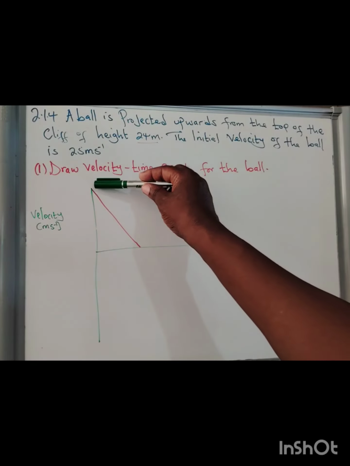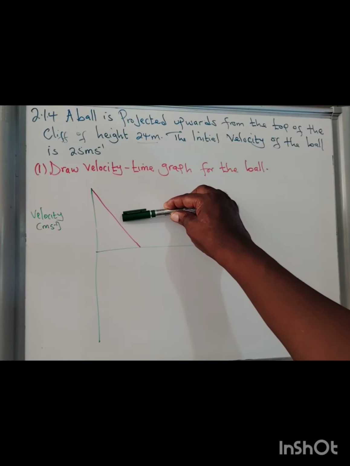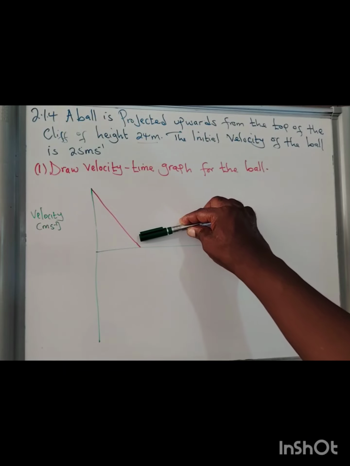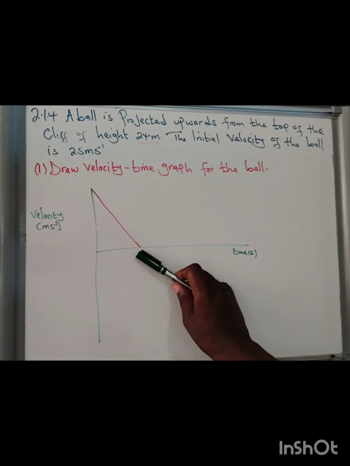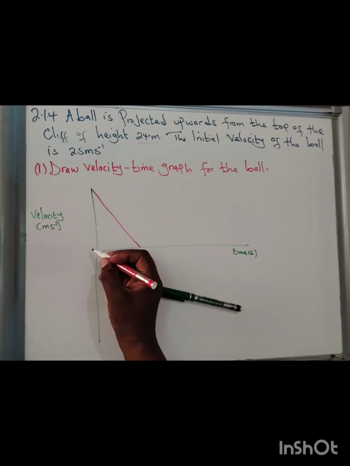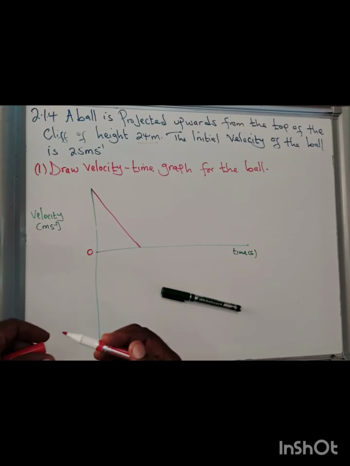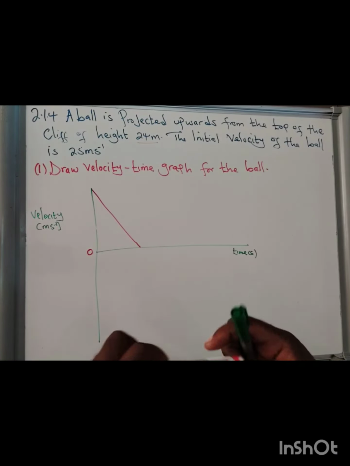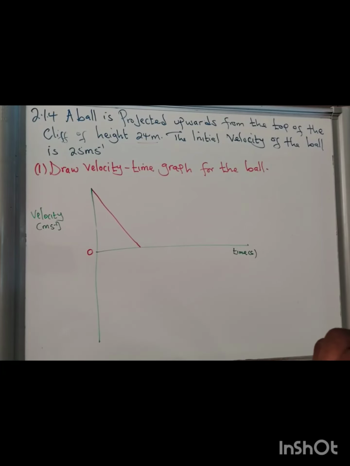So we are seeing this velocity decreasing gradually until it reaches maximum height. The point we see here is maximum height. This is velocity 0. Remember, when the ball reaches maximum height, it temporarily stops, attains velocity 0. So that's what we have.